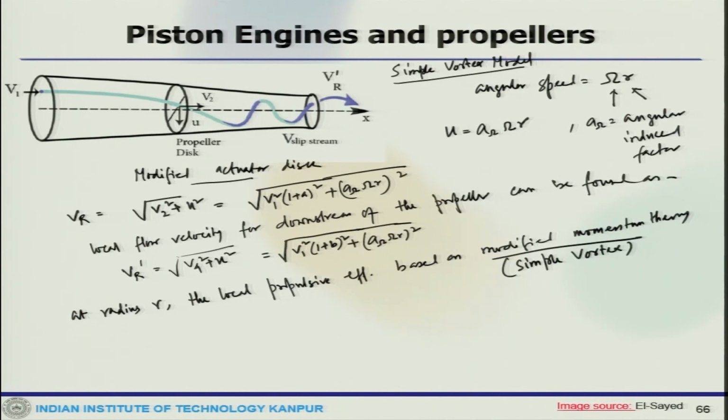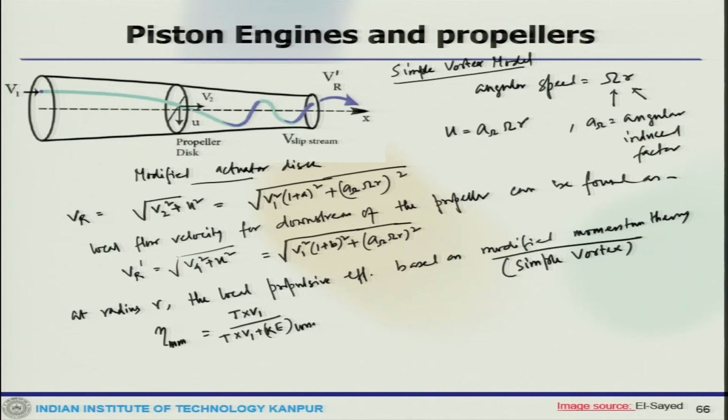So, based on that, we can define eta as T V1 divided by T V1 plus the kinetic energy of the losses.